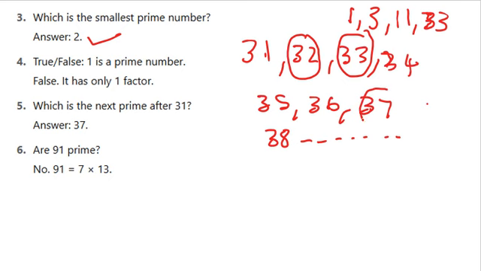So it's only 37. You can check it. 37 is the prime number after 31, because 37 has only two factors. I hope that is clear.